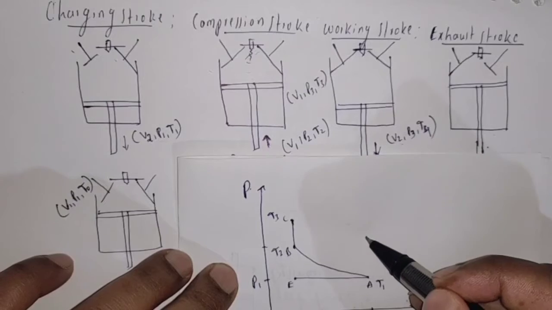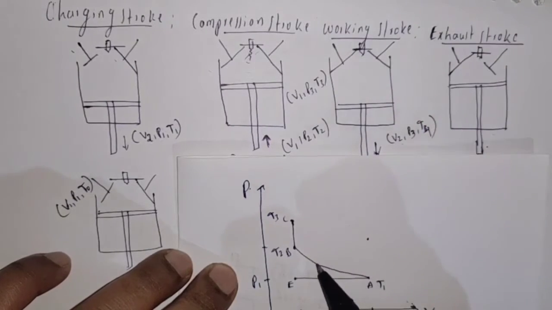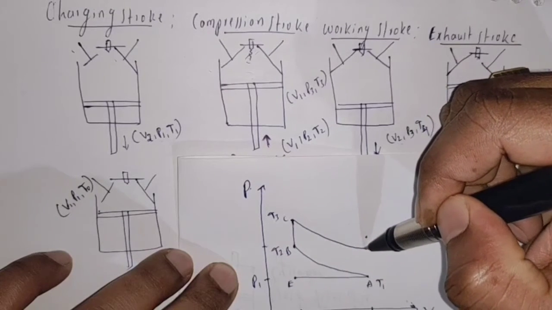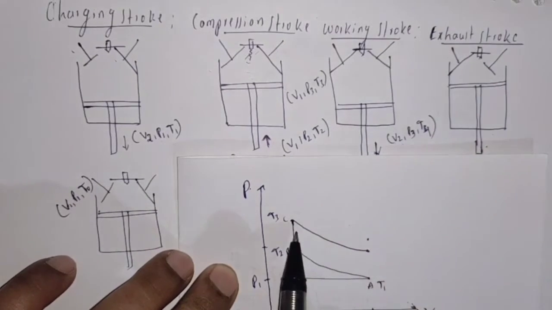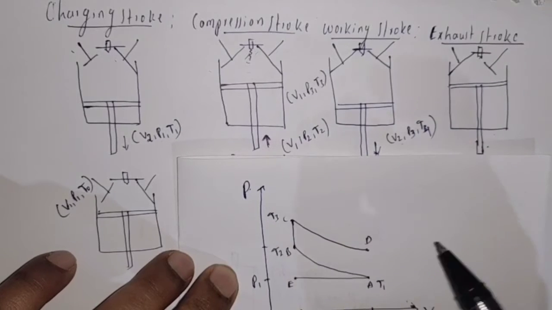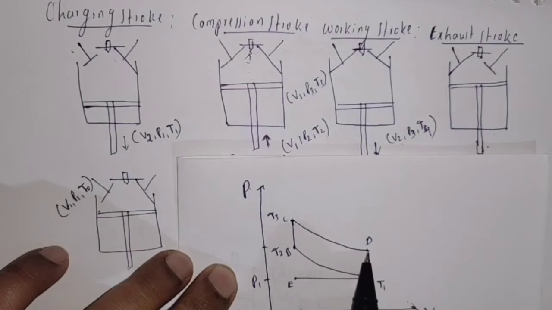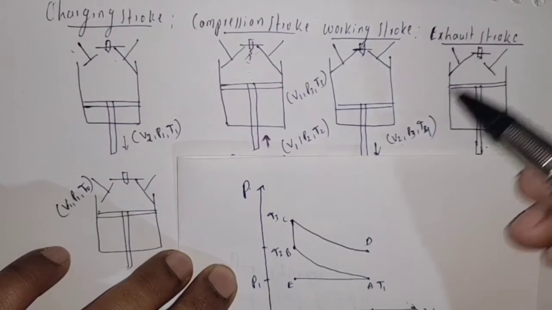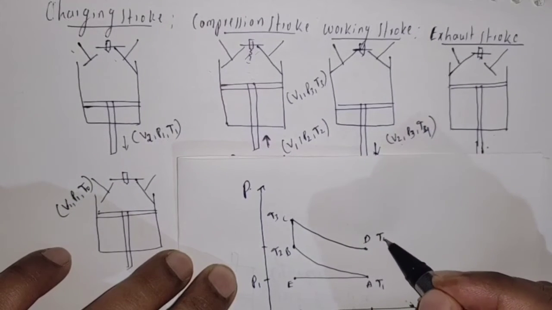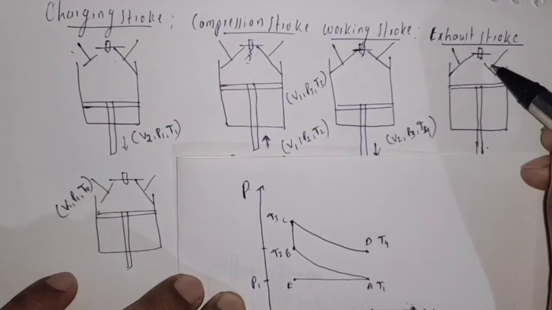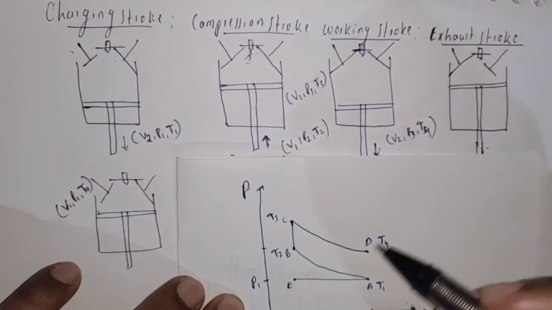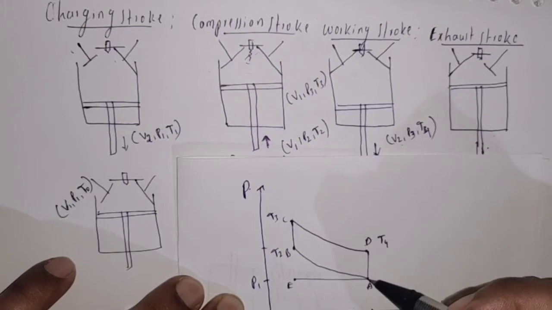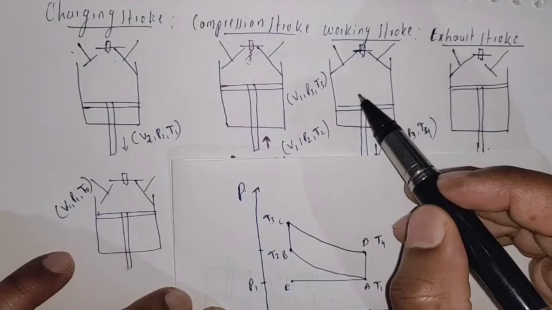I am going to represent this adiabatic expansion in the PV diagram. CD represents the adiabatic expansion produced in the working stroke, with temperature T4.